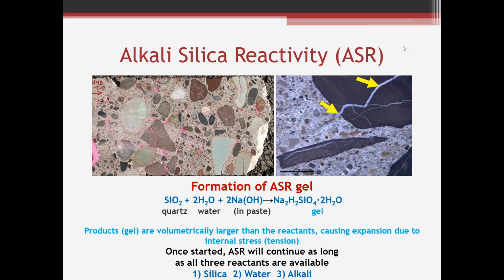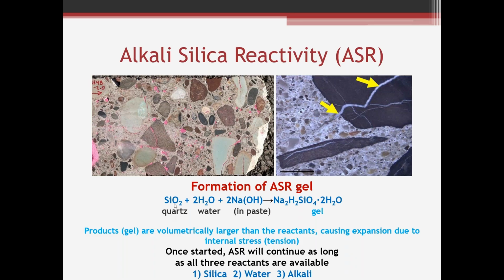Okay, we're going to talk a little bit about alkali silica reactivity. Big deal sometimes. Some people call it concrete cancer. Basically, it's when the materials inside your concrete are not getting along very well. So you've got this ASR gel that's formed, and you need these three materials.